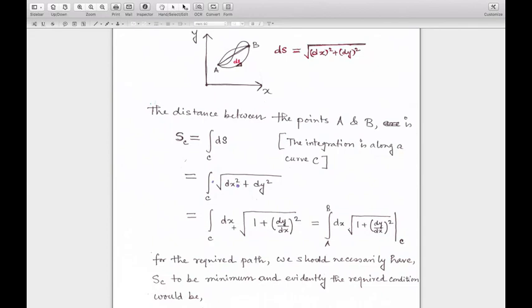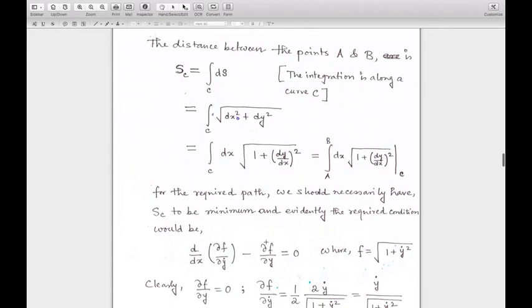Now you can see that if we think this S_C to be equivalent to J, and this is equivalent to integral of f dx, then this part is nothing but this function f, right? Something like that. Okay.